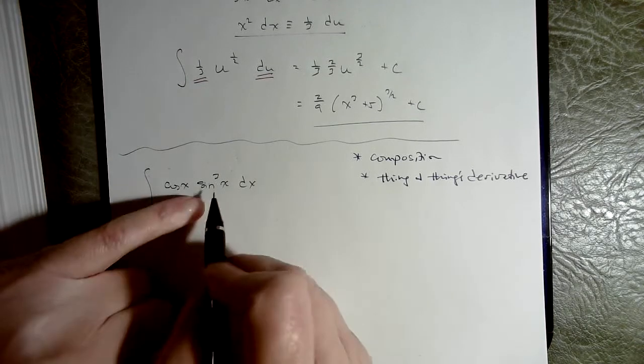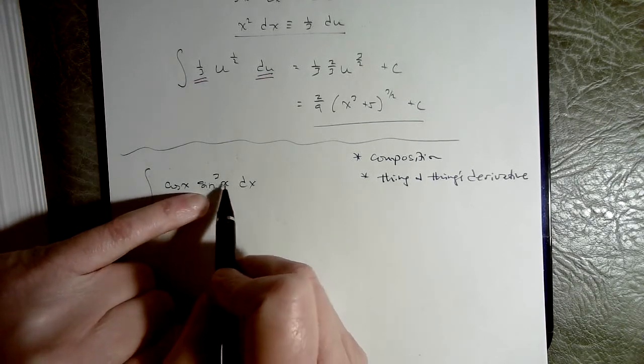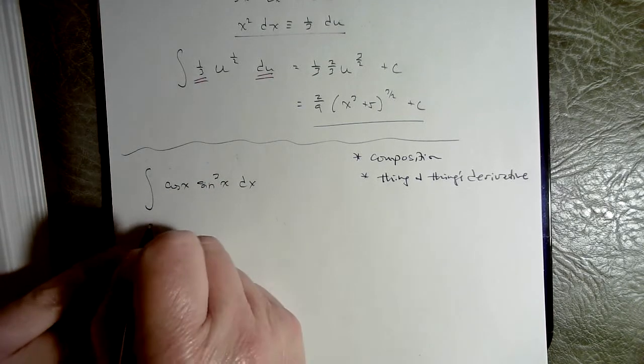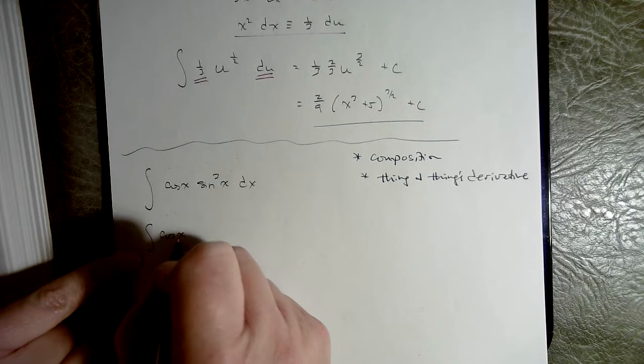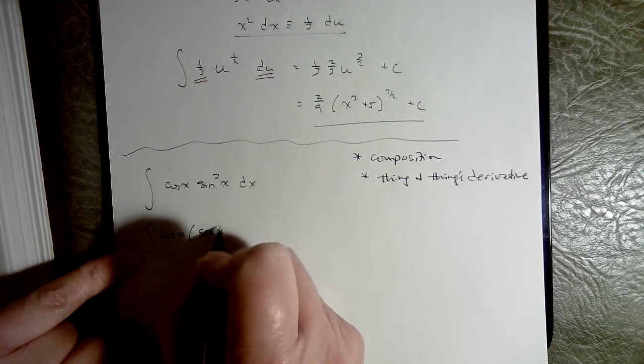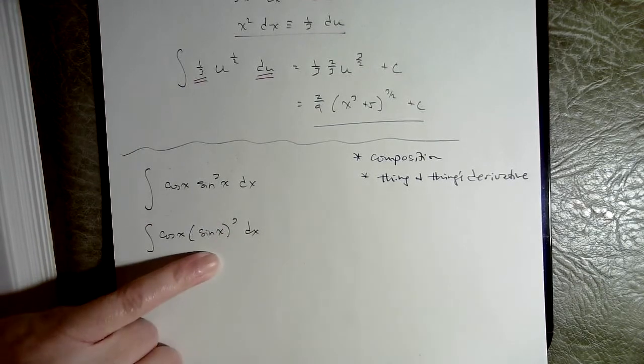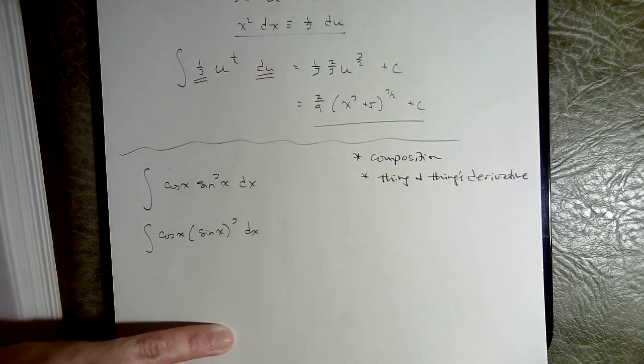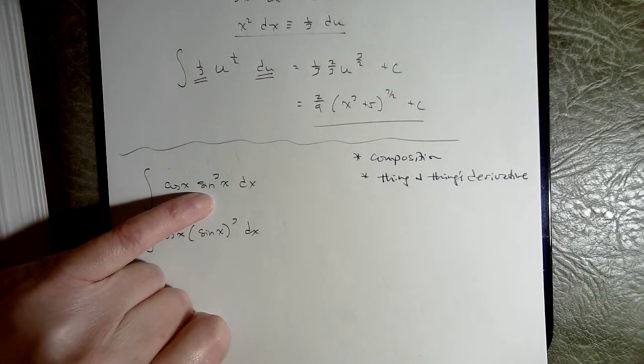Okay. I've got composition. I've got sine x stuffed inside a cubed function. And if that notation makes you feel itchy, it's perfectly fine to write it another way, and now it's more obvious that I've got composition. Through sheer force of decades of exposure, this is natural to me.